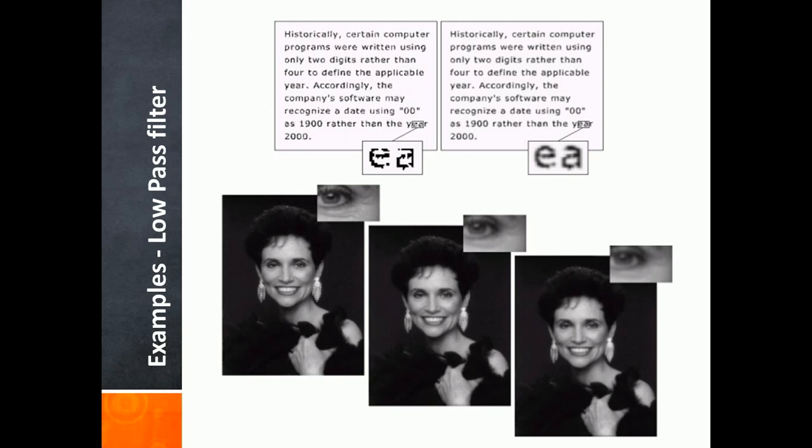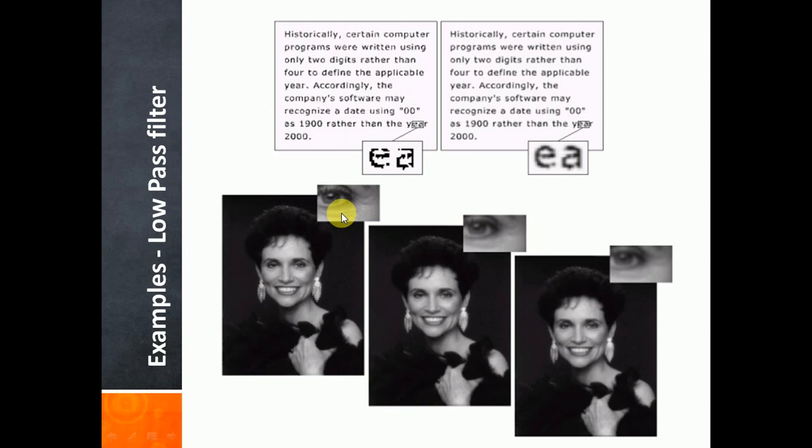So an application of the low pass filter is that if you have an image, these marks which are underneath the eye are smoothened out if you use a low pass filter. So the face looks fresh in some sense, because all these wrinkles are removed using a low pass filter.